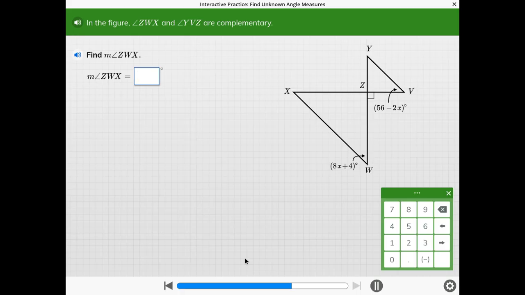Insanity. Alright. This appears to be a 90-degree angle.